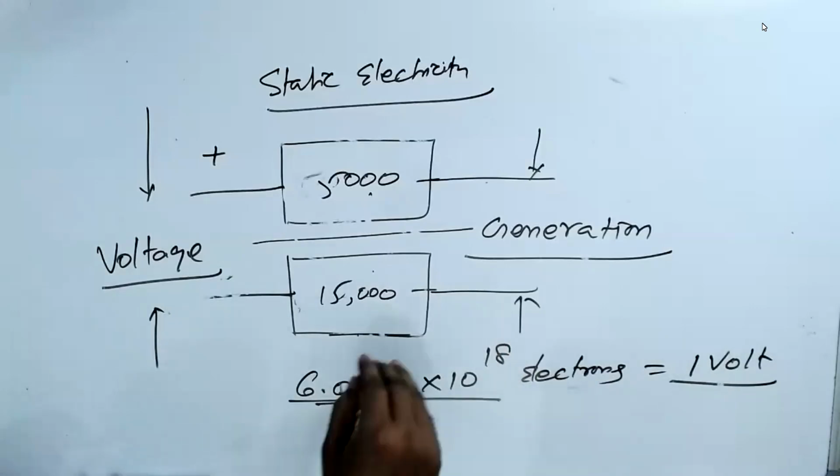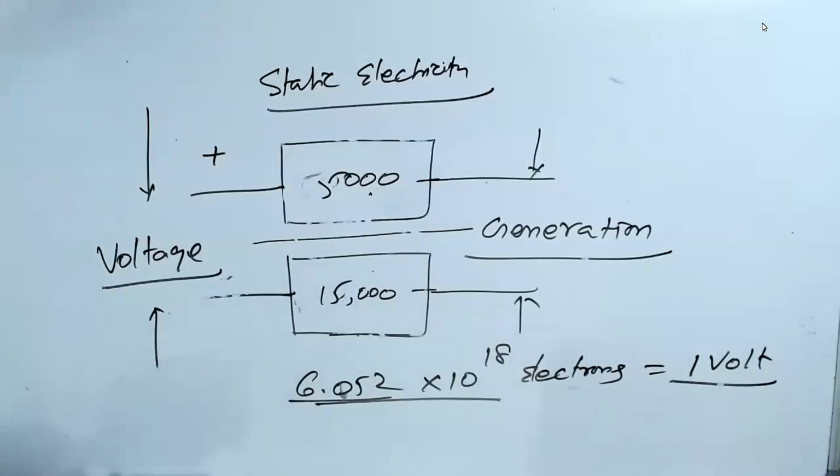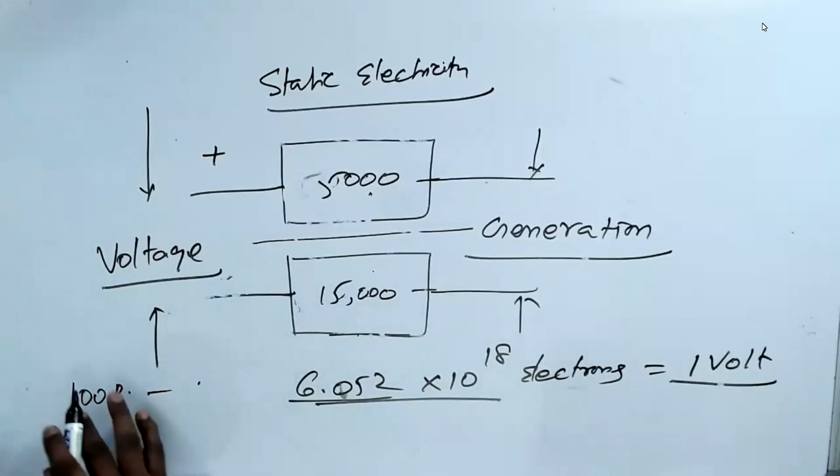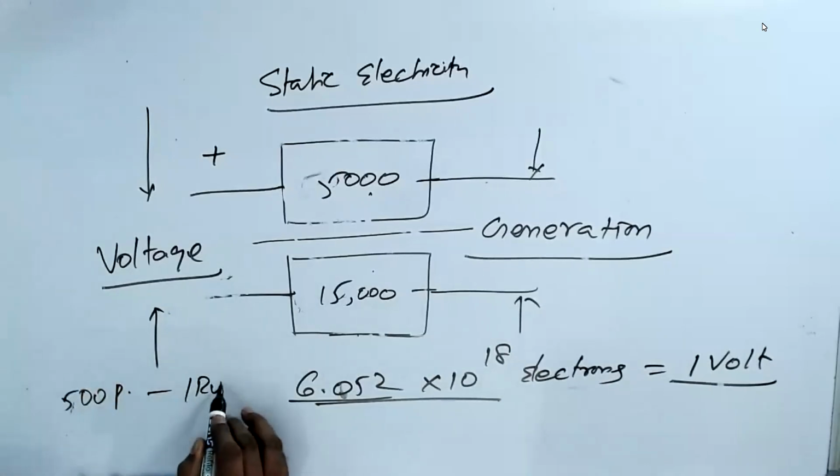Why did they come out with this number? This number was arrived at earlier by Coulomb. So they wanted to take the same number. These are all numbers the scientists have arrived at. Don't ask me why. Don't ask me why 100 paise is equal to 1 rupee. Why not 500 paise equal to 1 rupee? We cannot say today.